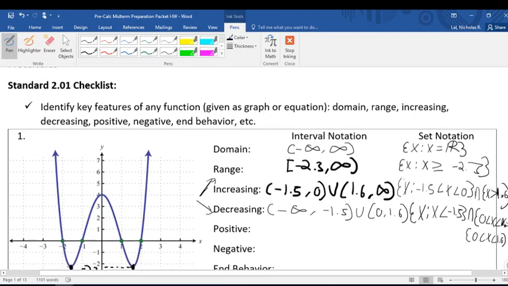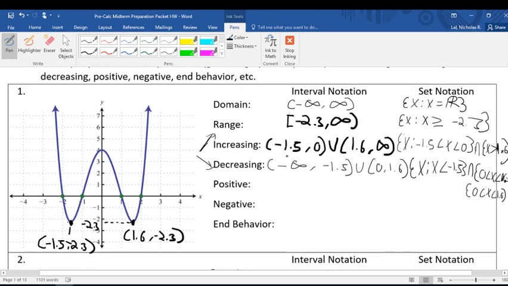All right. It's positive in between negative infinity and negative 2, from negative 1 to 1, and then from 2 to infinity.